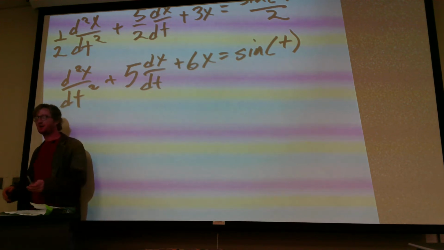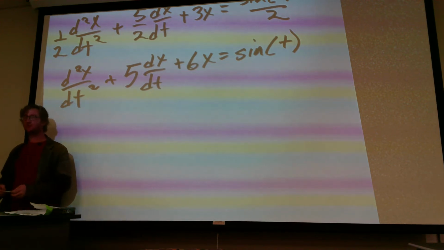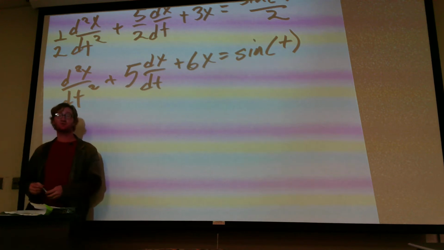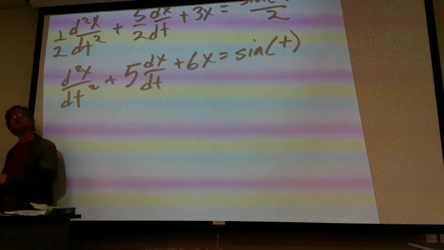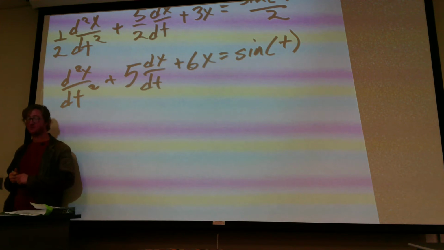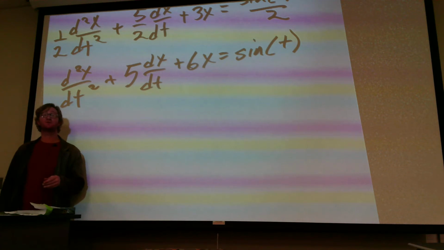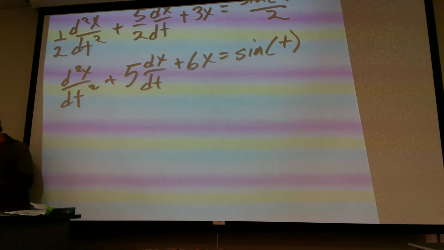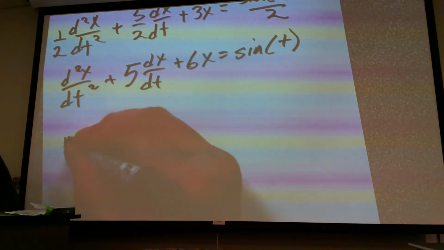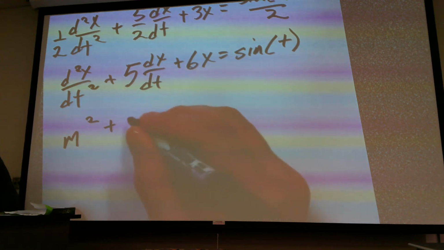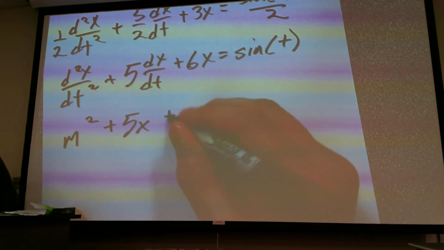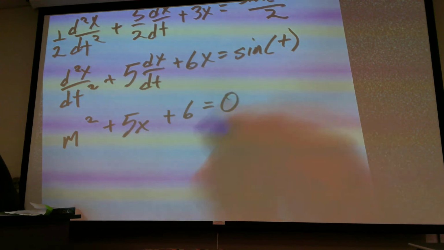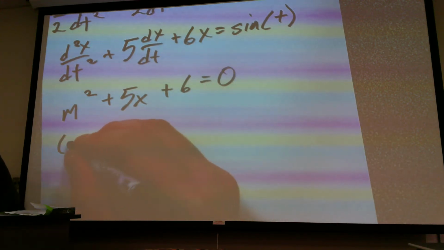And so remember, with a non-homogeneous second-order differential equation, the first thing you're going to do is solve for the homogeneous portion of the problem to get the complementary solution. And then I'm going to use the method of undetermined coefficients to find the particular solution. So for the homogeneous portion, we're going to have m squared, and I can factor that.